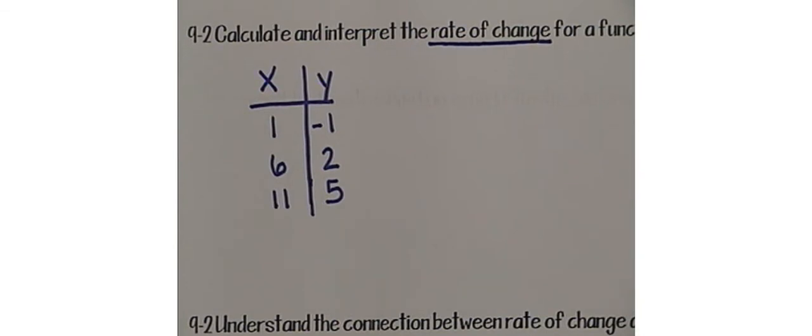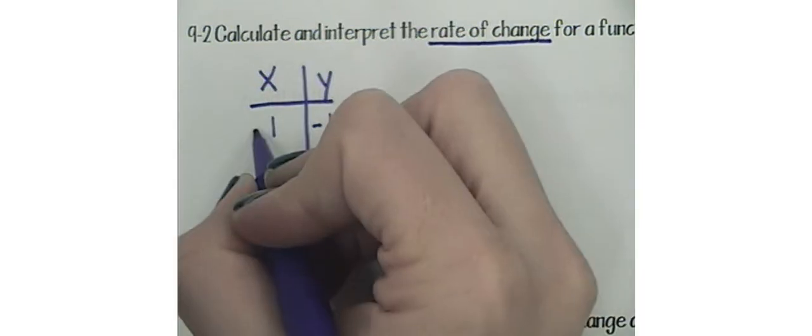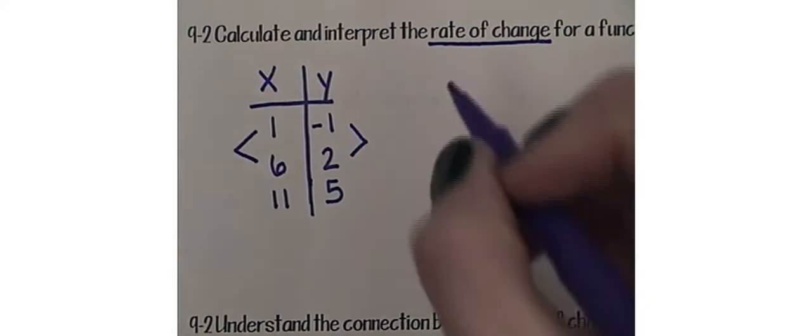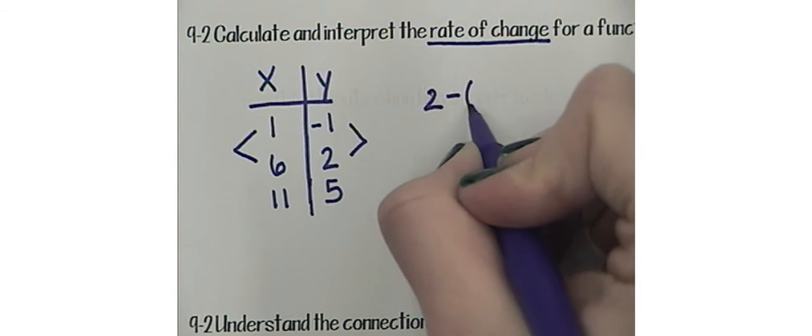So in order to find the rate of change, we're still going to use our slope formula. So we're going to calculate the slope between these first two. Y's go on top. So it's going to be 2 minus -1.